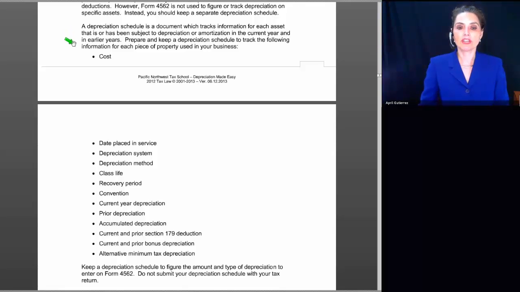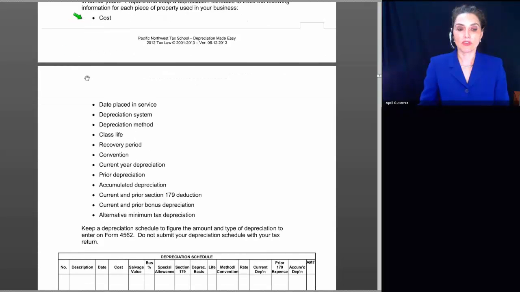Prepare and keep a depreciation schedule to track the following information for each piece of property used in your business. We begin with the cost.